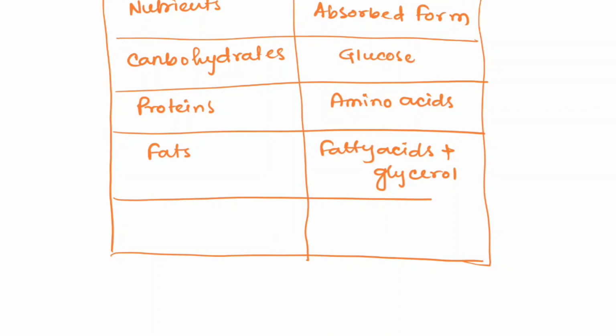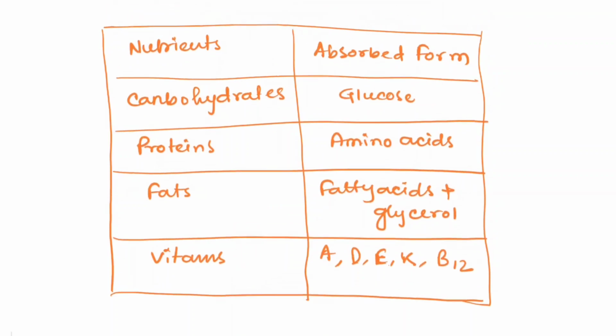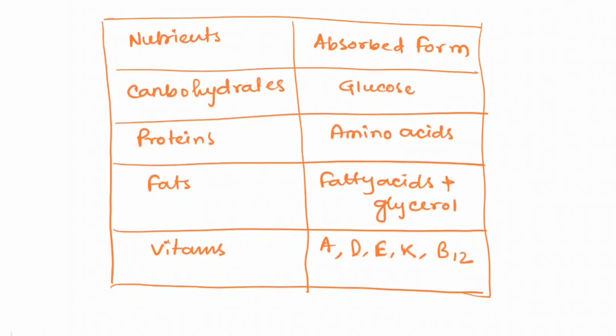Okay, next one is vitamins. Vitamin A, D, E, K and B12. So absorption in small intestine, you have to remember which vitamins are absorbed: vitamin A, D, E, K and B12.